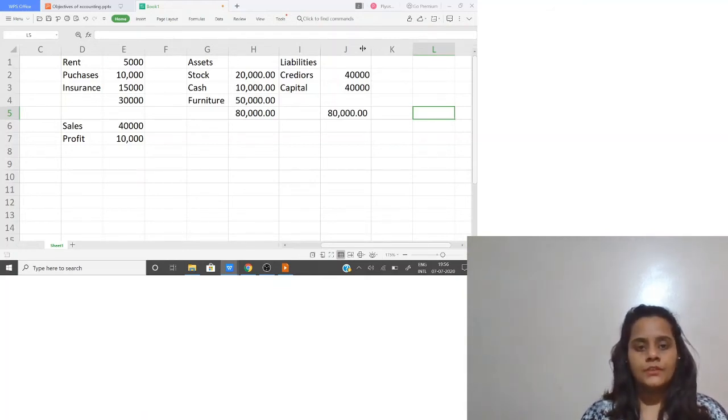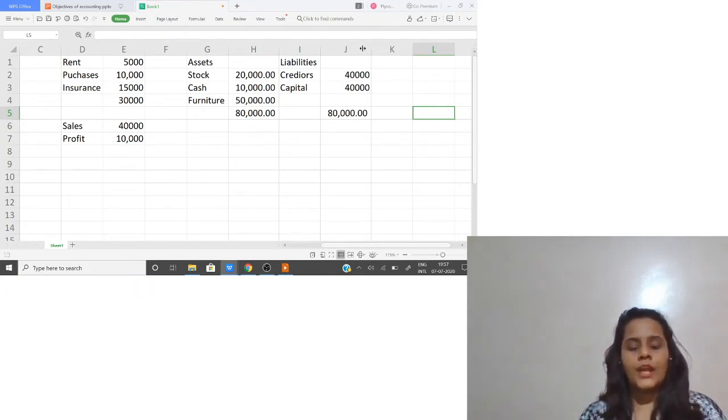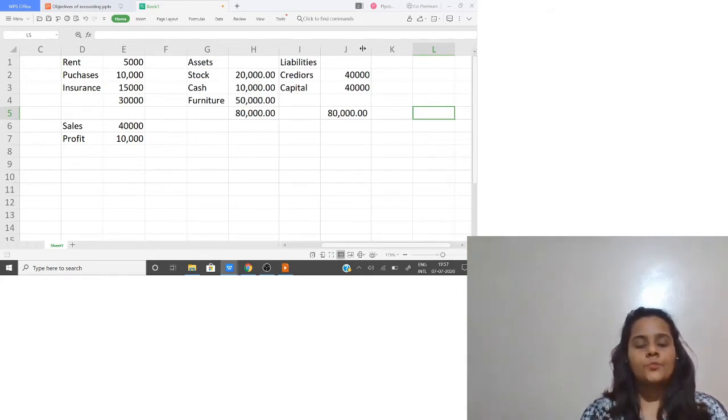This balance sheet tells us the position of our assets and liabilities, what is the total value of assets that the company owns, and what are the different types of asset, that is cash, stock, furniture, etc. Plus, how this asset is financed, that is, how much of it is financed by the owner, the capital portion, and how much do we have to pay to a third party for acquiring these assets, which is the liability.